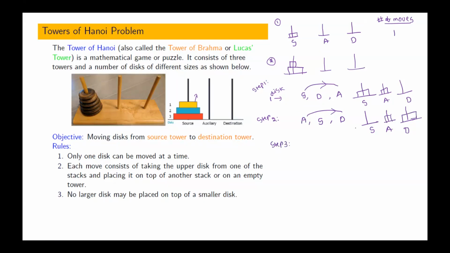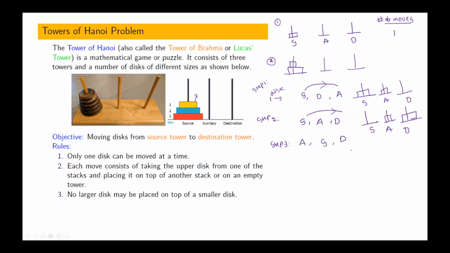What do we do in step 3? Whichever disk is there on the auxiliary, we move from auxiliary to destination with the help of source.